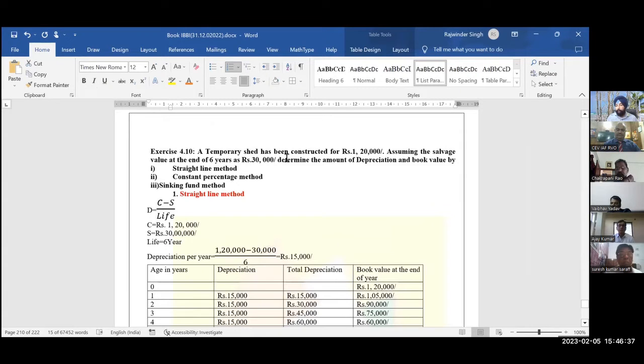Say a temporary shed has been constructed for rupees 1,20,000. Assuming the salvage value at the end of 6 years as 30,000, determine the amount of depreciation and book value first by straight line method, second by constant percentage method, and third by sinking fund method.